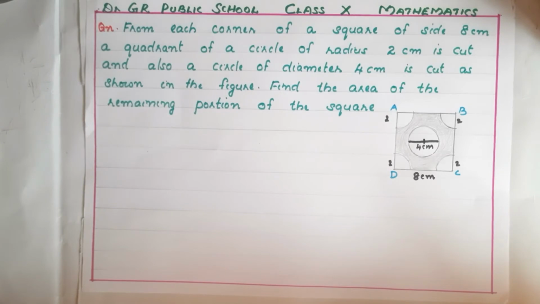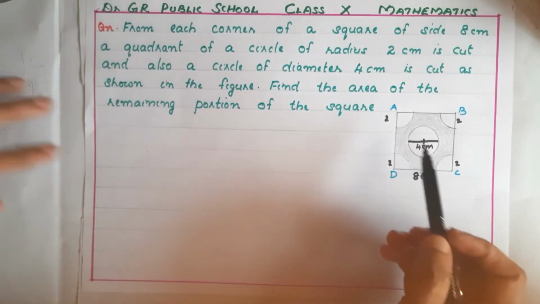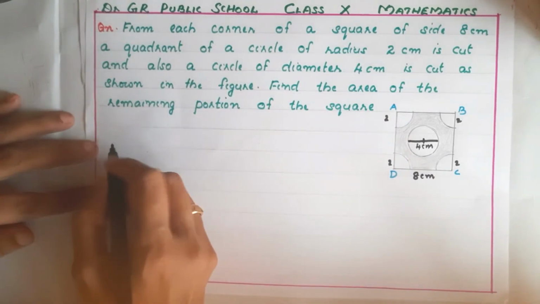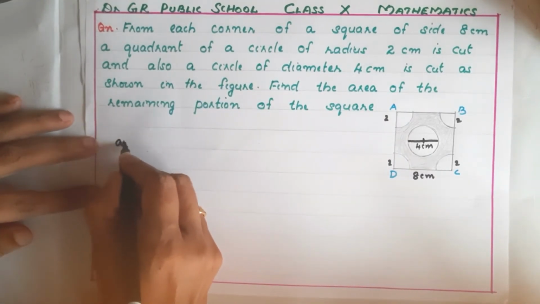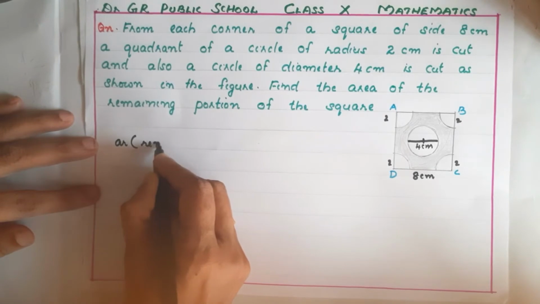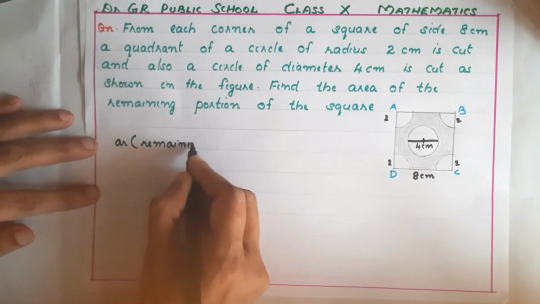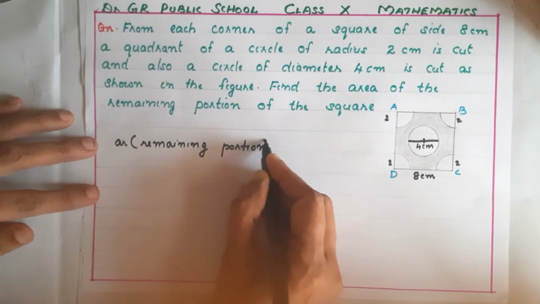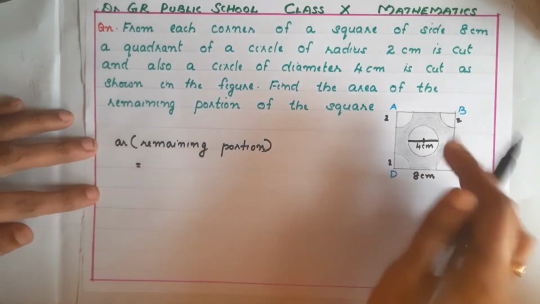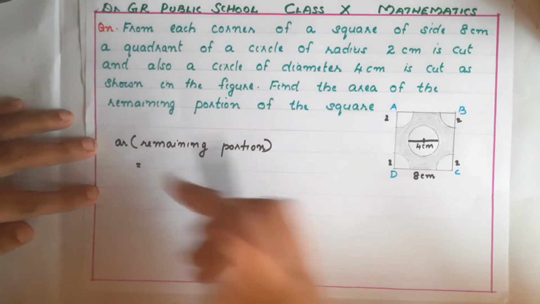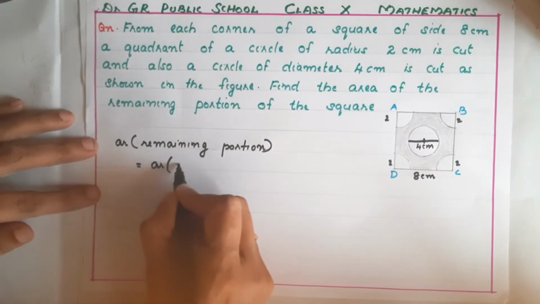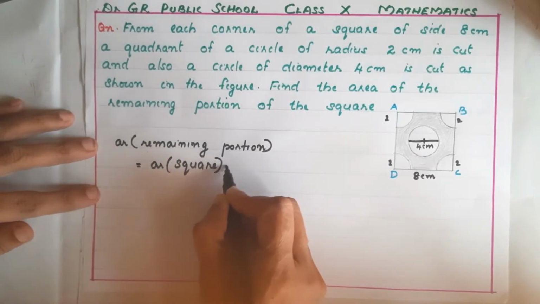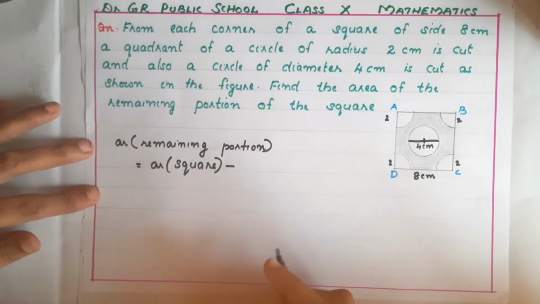Okay. Now we have discussed, area of the remaining portion is equal to the total area of the square, area of square, minus what all we removed?